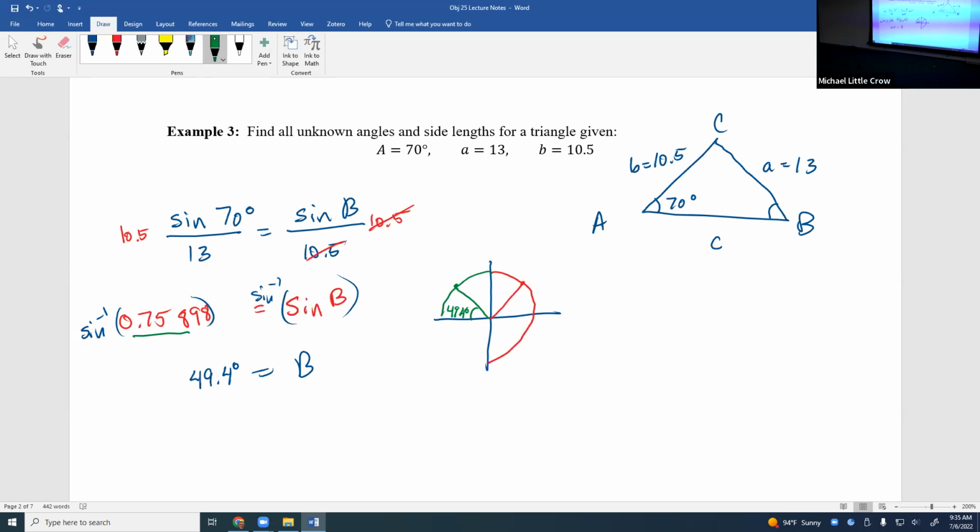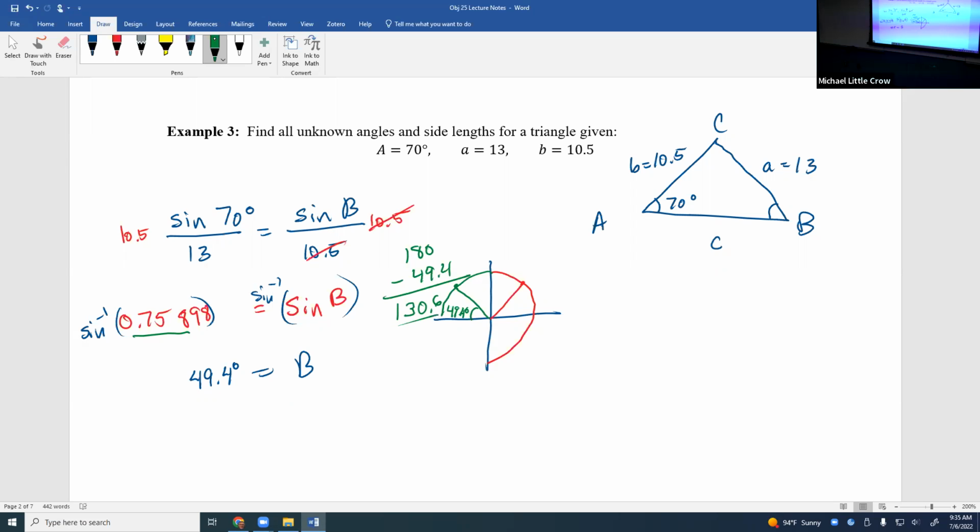So what is this angle? It's 180 minus 49.4. We subtract that. That's going to be 130.6.